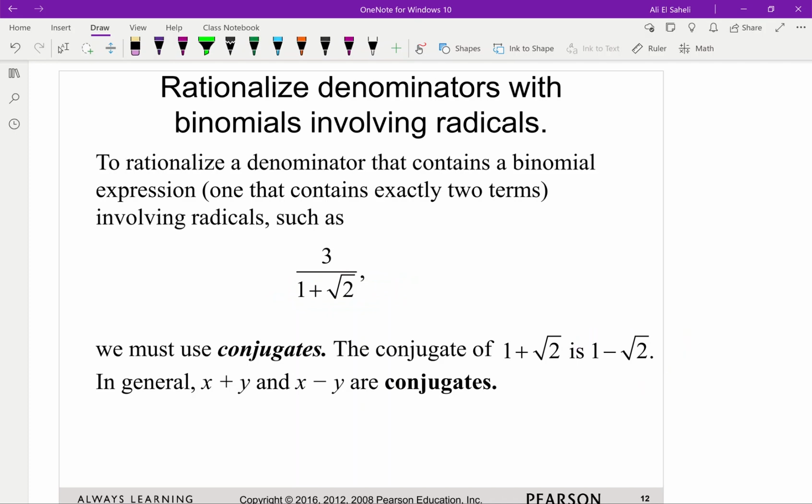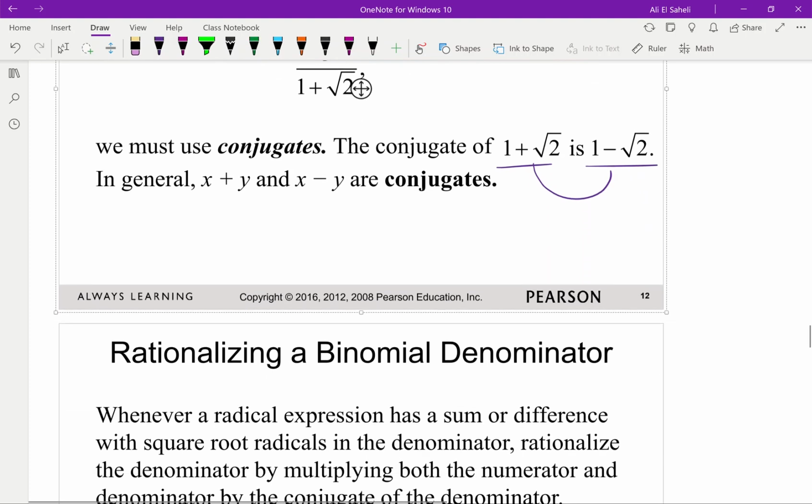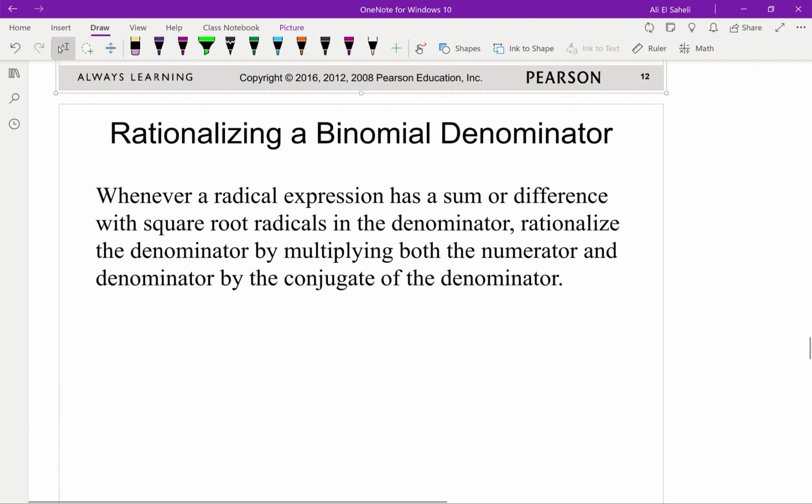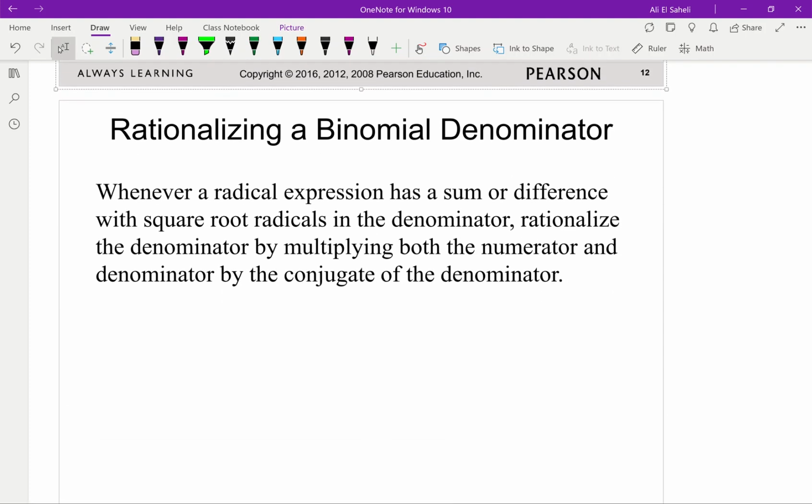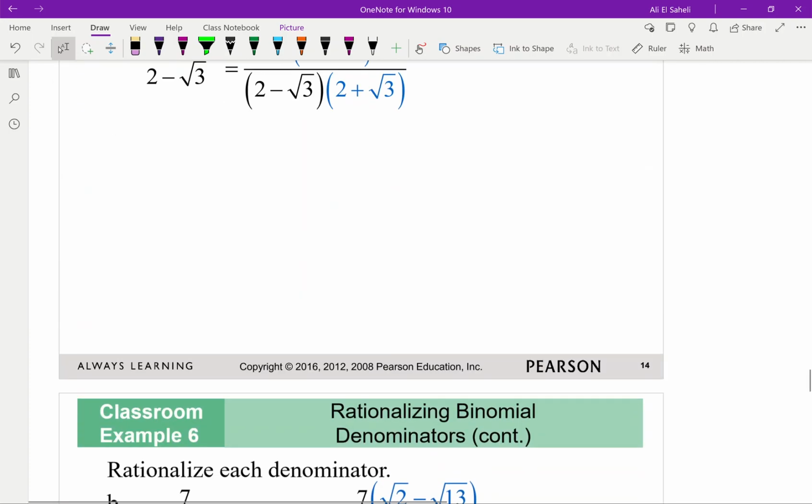If it is the other way around, if this is what we have in the denominator, we multiply by this. So this and this are called conjugates. This is the conjugate of this, and this is the conjugate of that. So the trick is to multiply by the conjugate of the denominator.